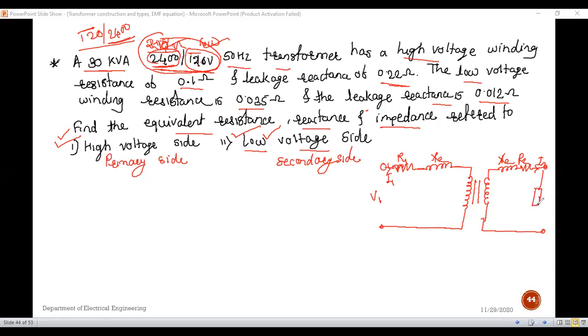Suppose here load is connected, so the load impedance ZL, and here it is load voltage V2, here it is E2, here it is E1, right? The quantities are done.